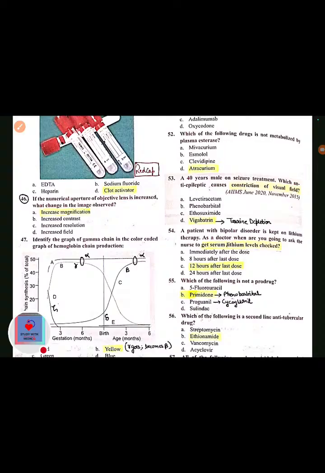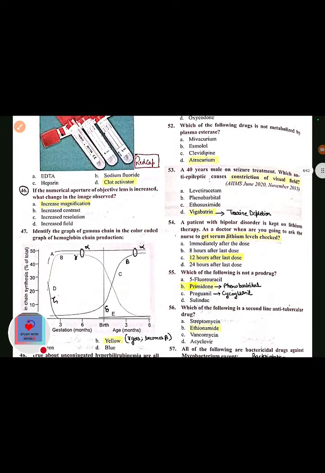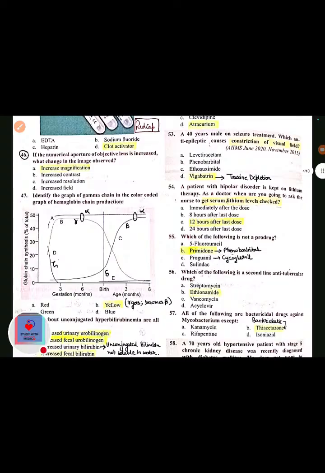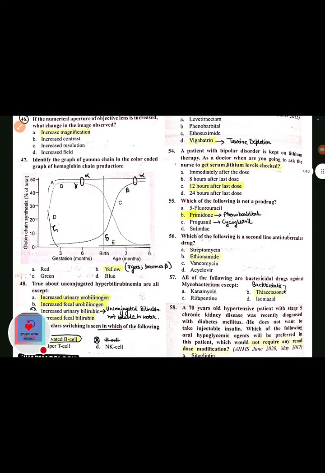If the numerical aperture of the objective lens is increased, what changes in the image observed? Increased magnification.